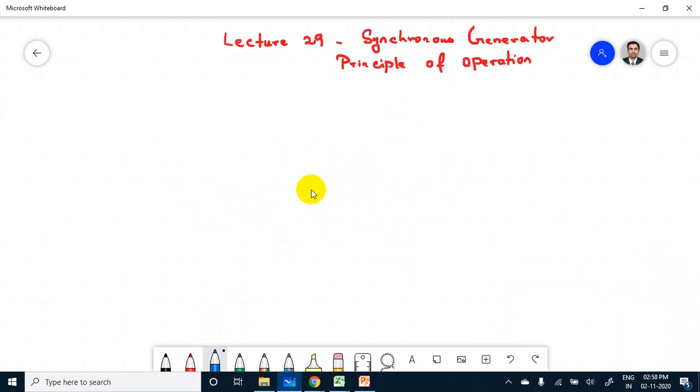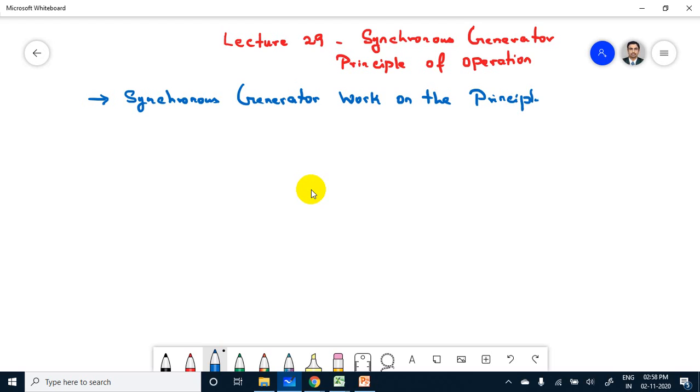Okay. So generally we know that the synchronous generator works on the principle of electromagnetic induction.